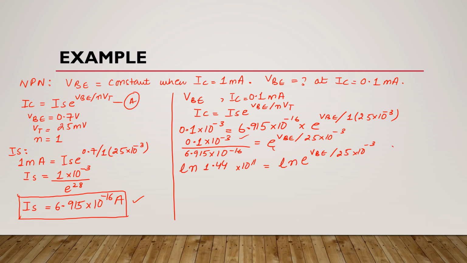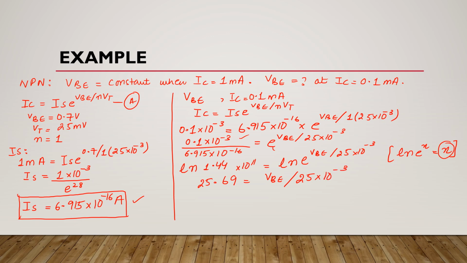We know that if we take this natural log, then we get this x in answer. It means now we'll get 25.69 is equal to VBE divided by 25 into 10 raised to the power minus 3.